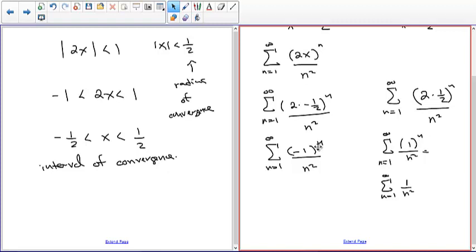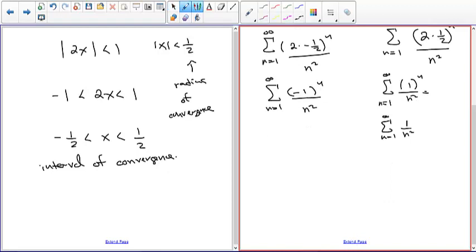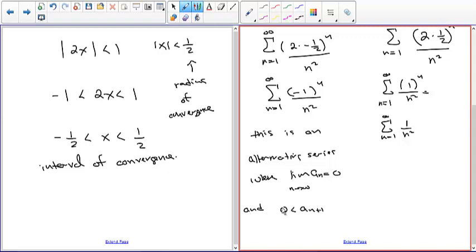So let me write that out for you. So this is an alternating series where the limit as n goes to infinity of a sub n equals 0, and a sub n plus 1 is always less than a sub n.